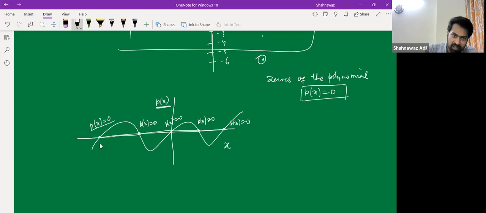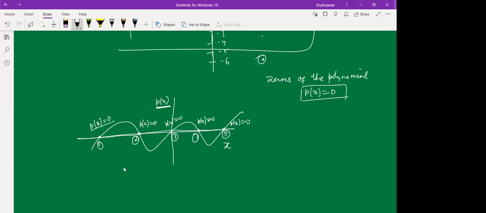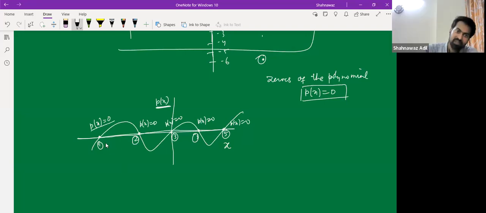So at these 5 points, my value of p(x) is 0. That is why we call them the zeros of the polynomial. Understood? So how many zeros do we have? 1, 2, 3, 4, 5.